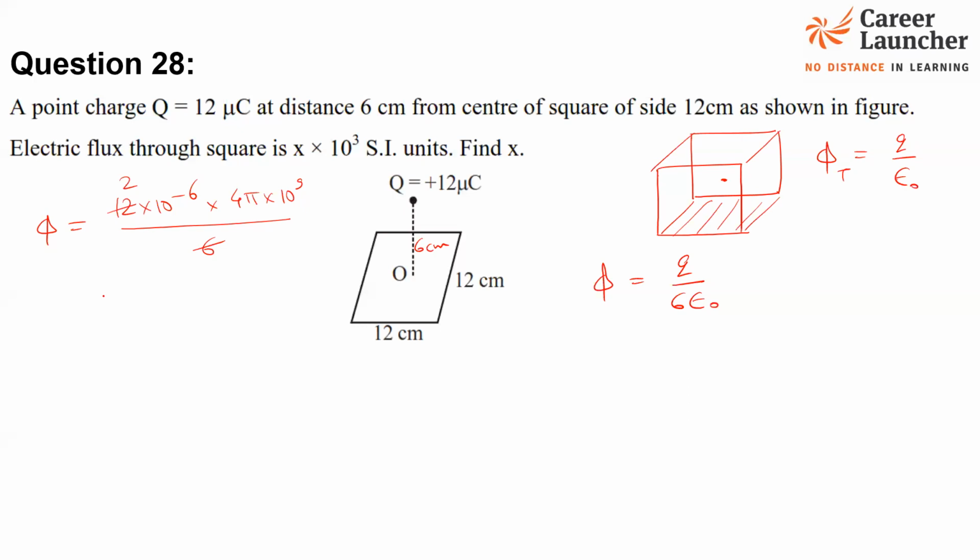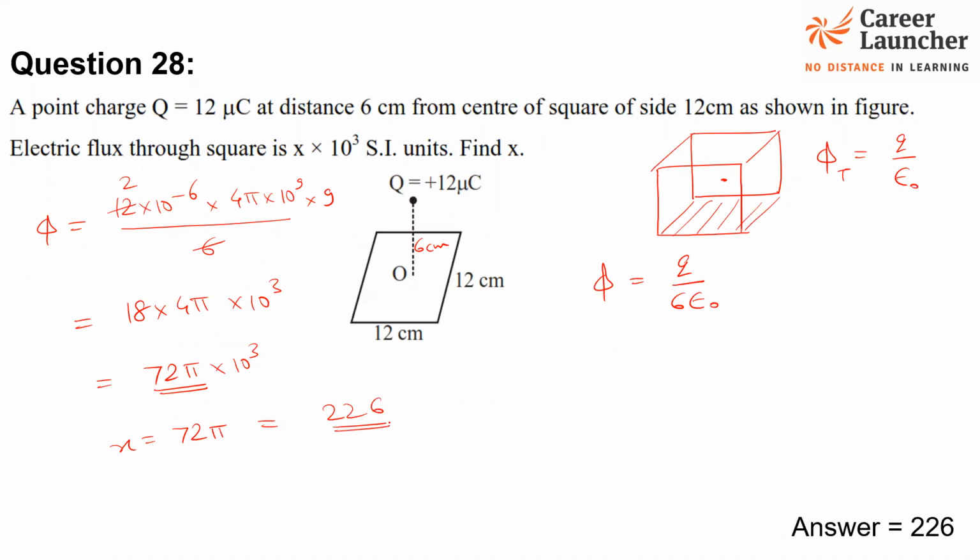So this is going to be 18 into 4 pi into 10 raised to 3 in SI units, which is 72 pi into 10 raised to 3. So this term is my x. So my x is 72 into pi, which will come out to be 226. So that will be the final answer, 226.